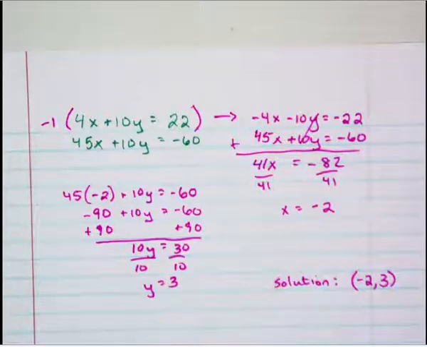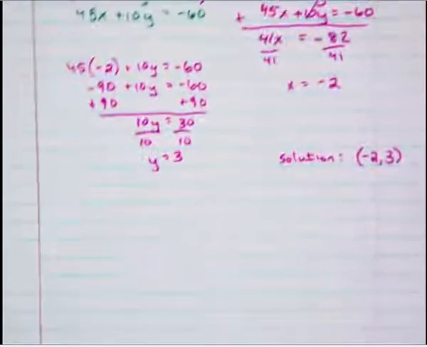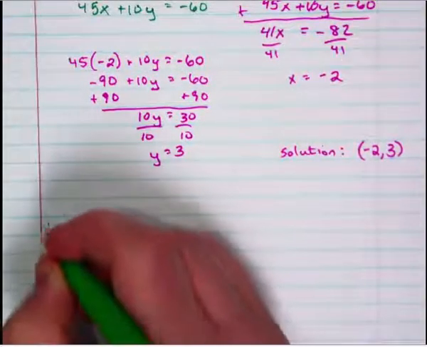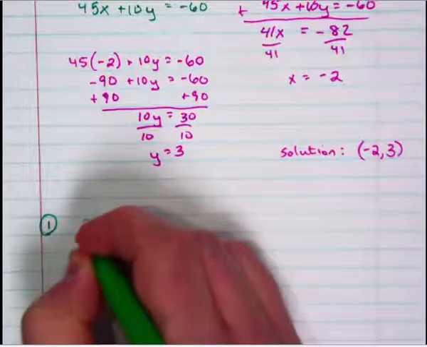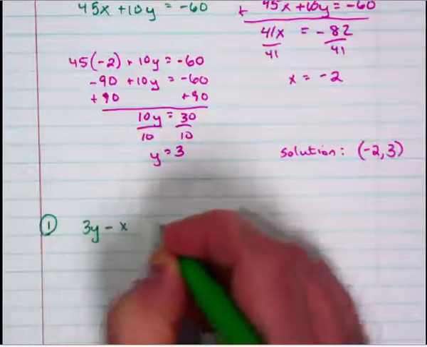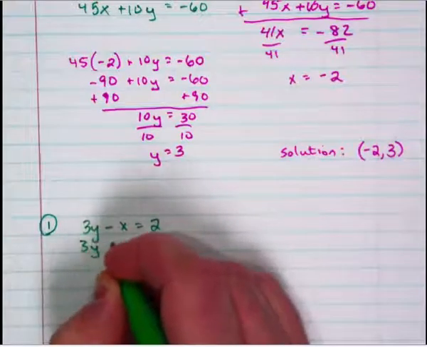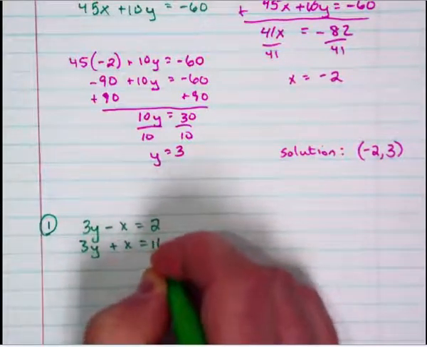In preparation for class tomorrow, I want to give you 3 of these to try. Please use your notes that you've already taken to help you go through these. So number 1 is going to be 3y minus x equals 2, and 3y plus x equals 16.